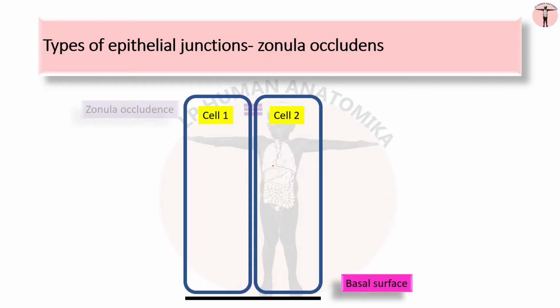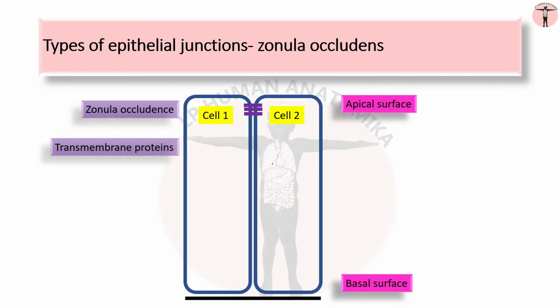Zonula occludens, also called occluding junction or tight junction, is present just below the apical surface of the epithelial cell. It is formed by a network of sealing strands extending along the entire circumference of the cell. These strands are composed of transmembrane proteins present in the plasma membrane.